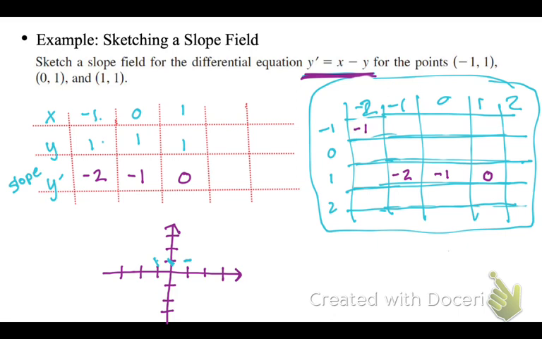Okay, so -1x, -1y, what's my slope? Okay, 0x, -1y. 1. And then 1, -1. 2. And 2, -1. 3. Filling in the chart's not bad, is it?